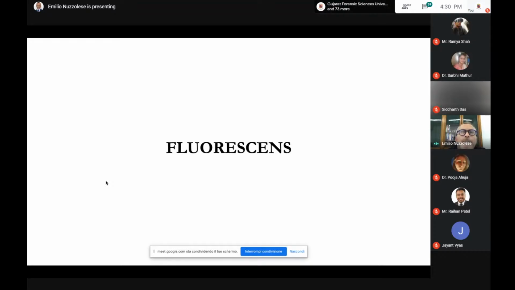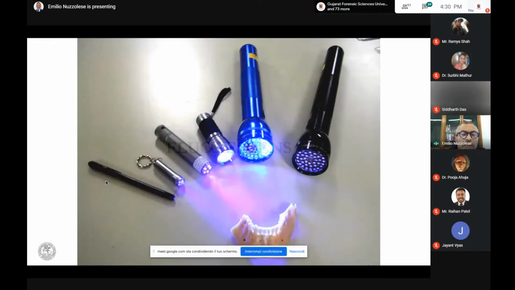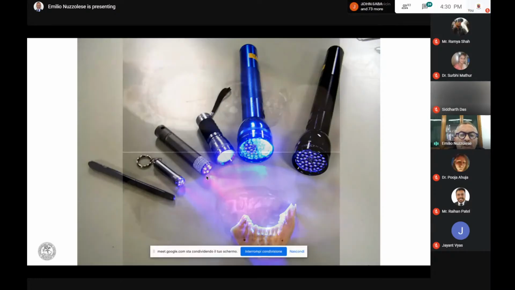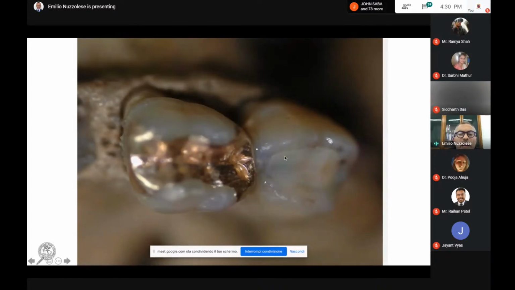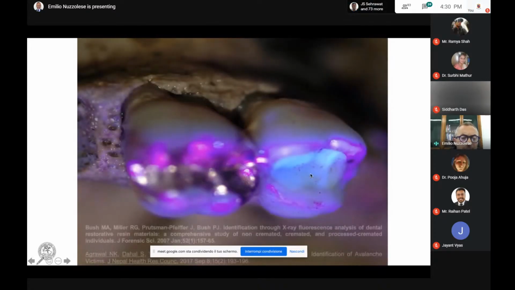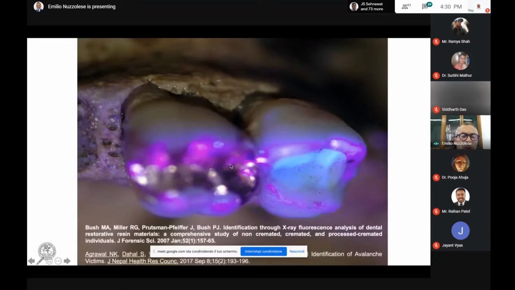A quick list of what a dental autopsy is. A dental autopsy is also the observation of teeth. We use a specific UV light, which is fundamental in order to understand the presence of composite, as I show you here. When we perform our dental autopsy of human remains, sometimes these human remains are dirty, and sometimes we are not able to understand if that is a composite reconstruction or not.